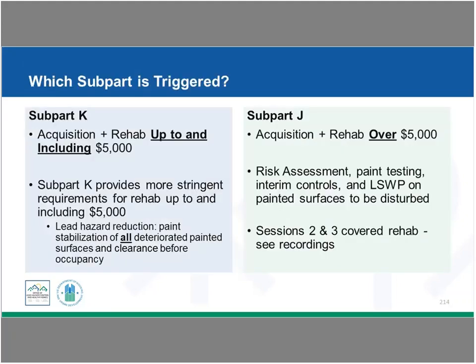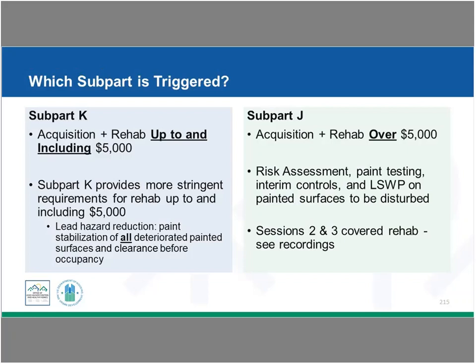The key here also to keep in mind is we're talking about projects that are not substantial rehabilitation. So under Subpart K, we could have an acquisition project that included up to and including $5,000, but anything over $5,000 is going to be under Subpart J.